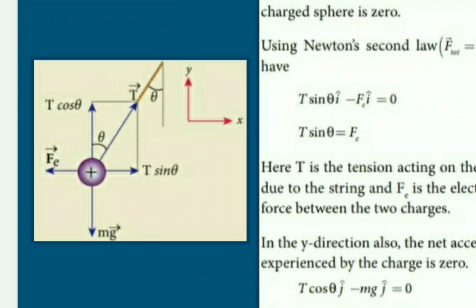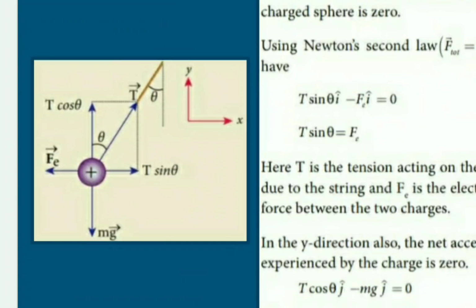So here, if you consider this to be theta, the alternate angle also is theta, right? So T is making an angle with this vertical side, so that should be taken as T cos theta, and the perpendicular, that is the horizontal component, should be taken as T sin theta here.